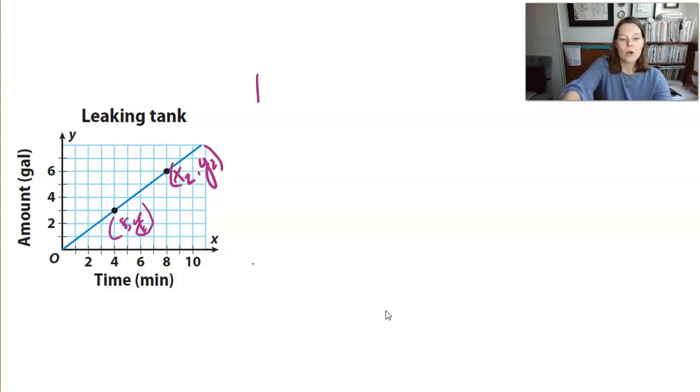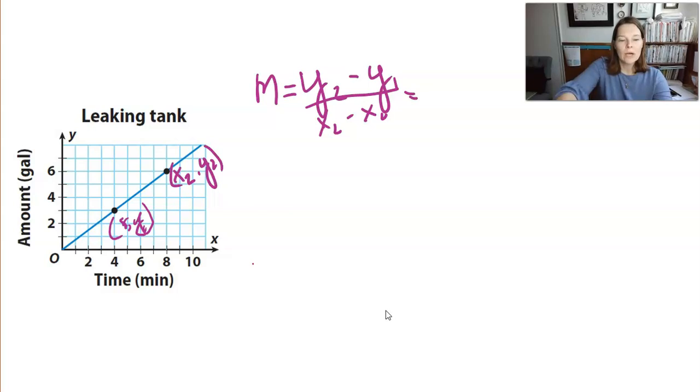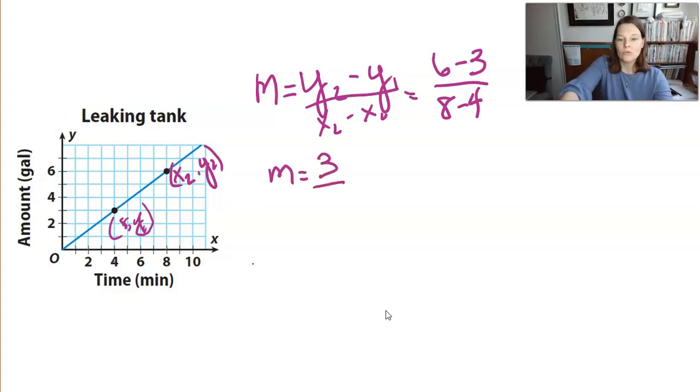Okay, and so our m is going to equal y2 minus y1 over x2 minus x1, and that is going to equal, our y2 is 6, our y1 is 3, okay, and then our x2 is 8, and then our x1 is 4, and so we end up getting m equals 3 over 4, right?